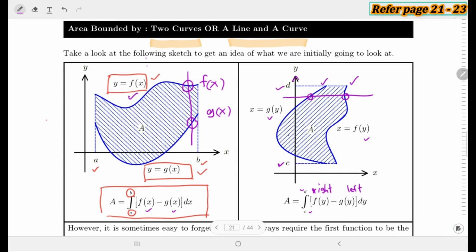So I think all of you have the idea on how to solve the area within the two curves. Again on the left side here, we are taking the most upper minus the lower function because we are referring to the x-axis, while on this side, we are referring to the y-axis, then we are taking the most right subtract the left function. So these are the two formulas that we are going to use after this when we have two functions or two curves.